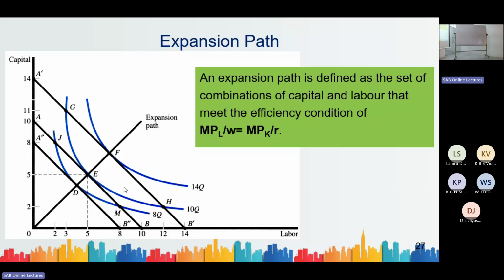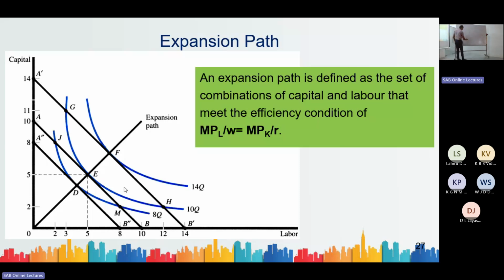Therefore, the firm will tend to use more and more labor in this situation, because 1 additional rupee on labor generates a higher additional output than that of capital. So the firm tends to increase labor and decrease capital.